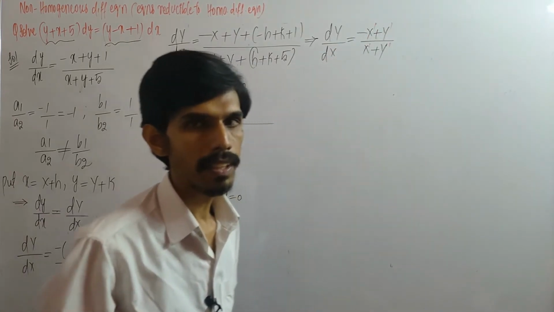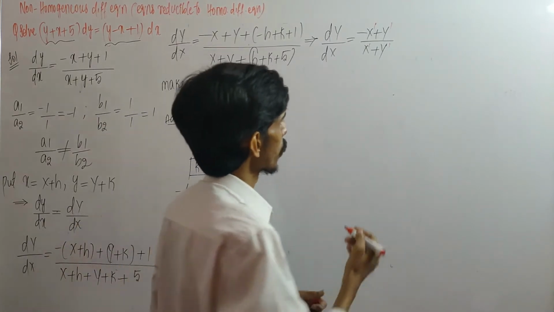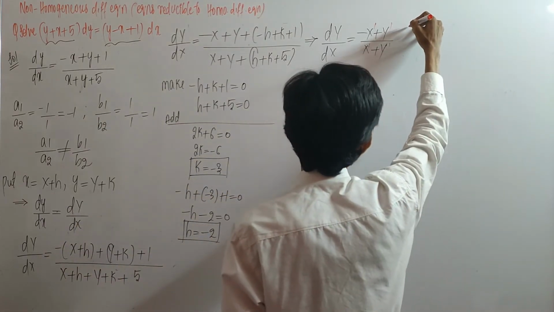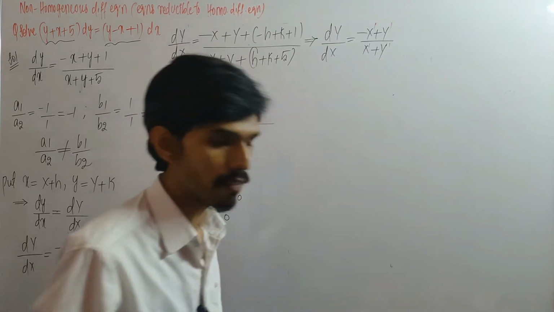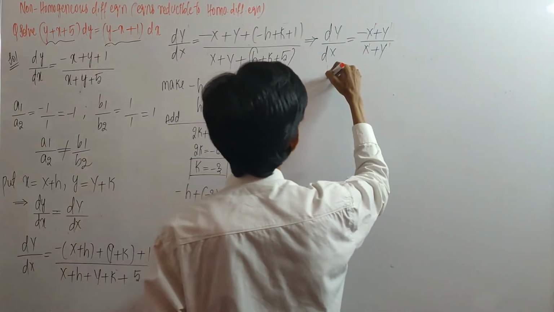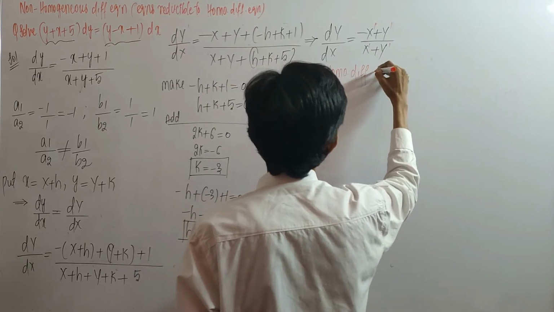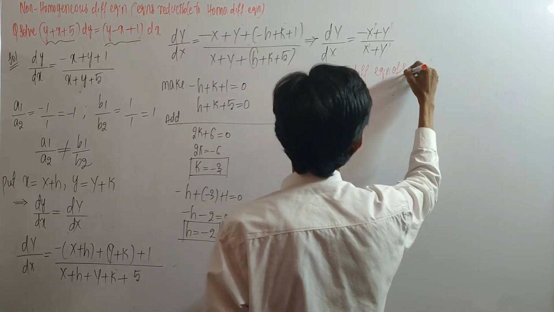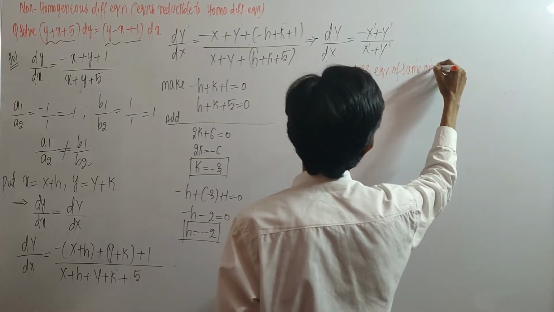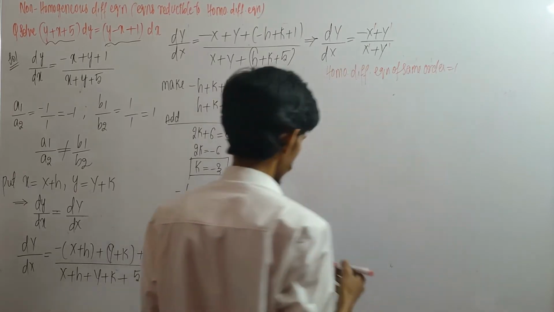Each term has the same degree. So numerator has degree 1 and denominator is also having degree 1. So this is a homogeneous differential equation of the same order, that is 1.